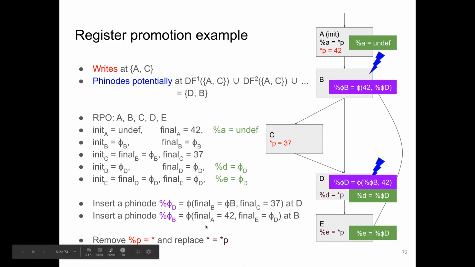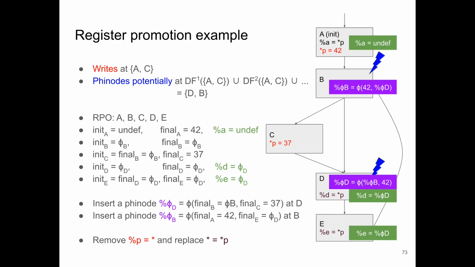So after that, we are going to remove all the store instructions to the promoted location P because they are no longer used. And in our implementation, we just replace them with a nop, which does nothing. And furthermore, as we discussed just before, all the load results will be replaced with the equations, the variables here, and all the load instructions from the promoted locations are replaced with nop because load does nothing.